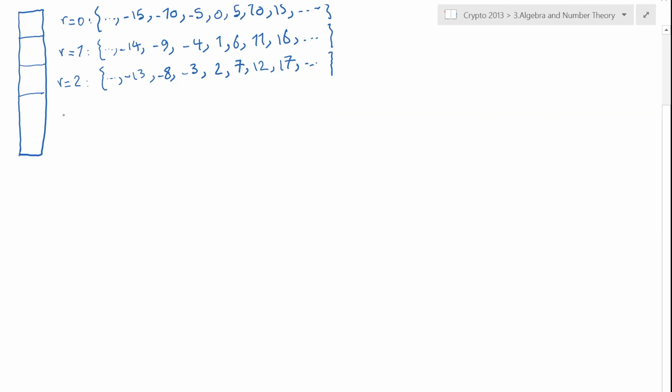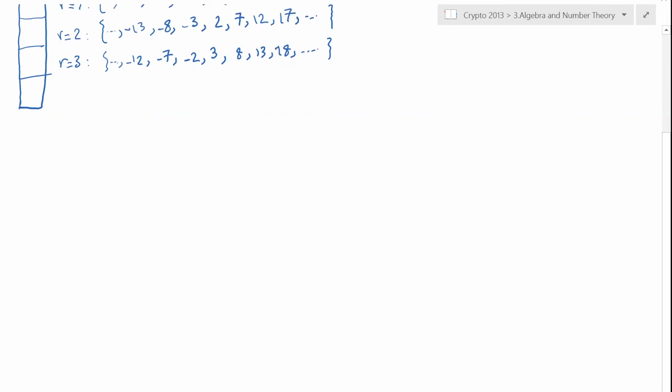We continue this, and the last one would be the group of numbers whose remainder is 4. It would be minus 11, minus 6, minus 1, 4, 9, 14, and 19.